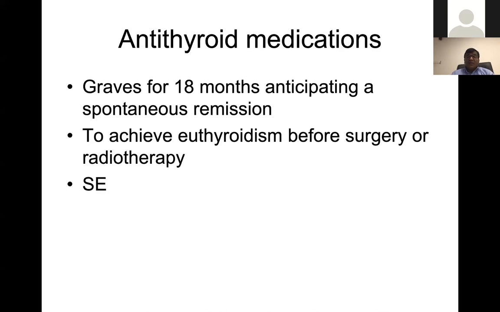And also in the first trimester of pregnancy we use PTU, because the other two drugs, carbimazole and methimazole, are known to cause serious side effects in the fetus. Because of that, we don't use them in the first trimester of pregnancy. We use PTU instead.